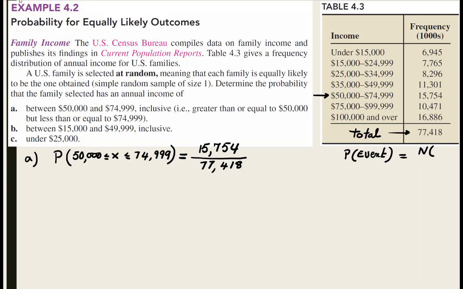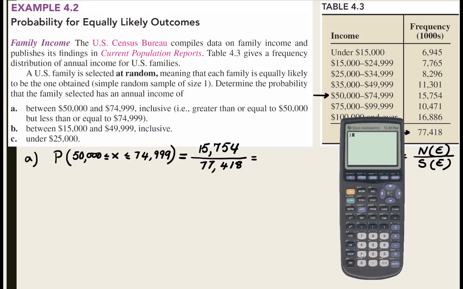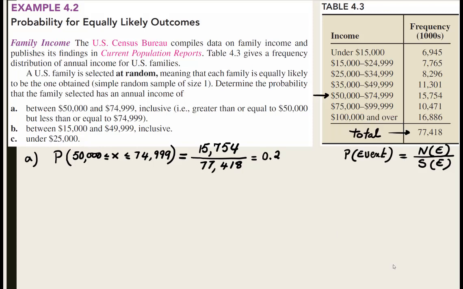Remember that the probability of an event is equal to the number of events divided by the sample space. So we're going to divide 15,754 by 77,418, and we get 0.203. So that probability is 20.3%.